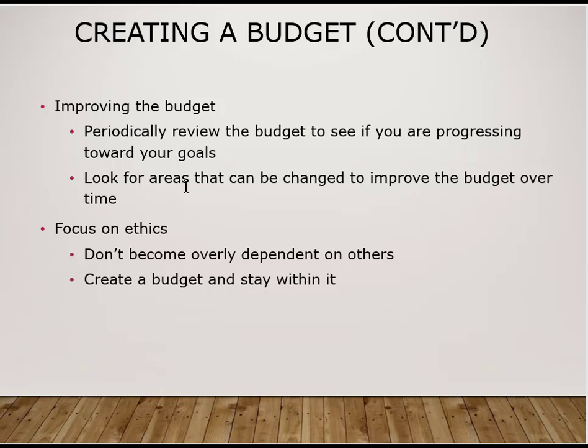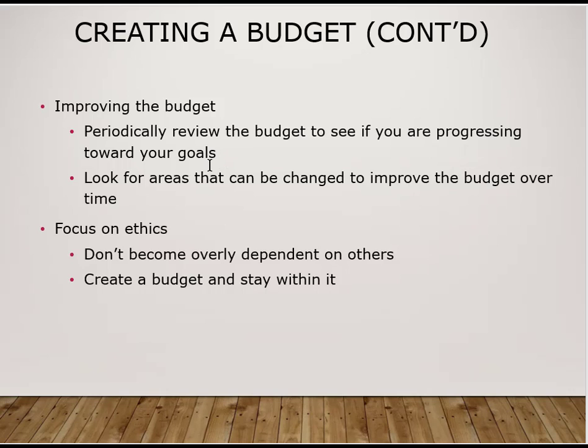So how do we improve the budget? We need to look at it and periodically review it. I wouldn't say to do this on a weekly basis. A monthly basis might be the most frequently I would take a look at a budget, but in general, monthly or maybe quarterly should be the time frame to look if you're predicting out into the future.